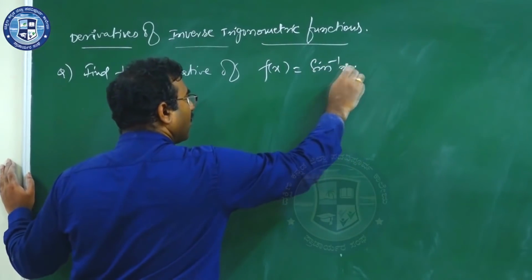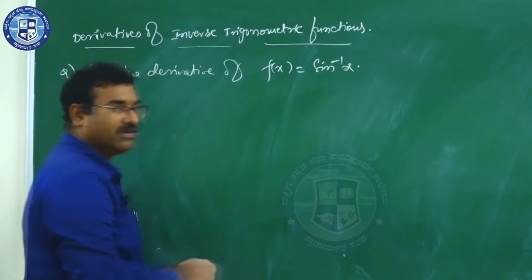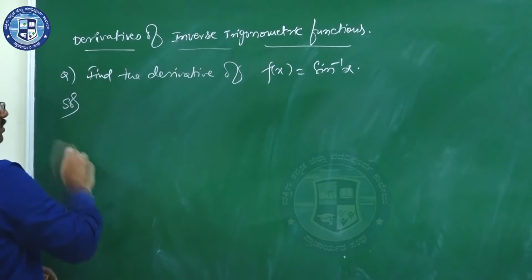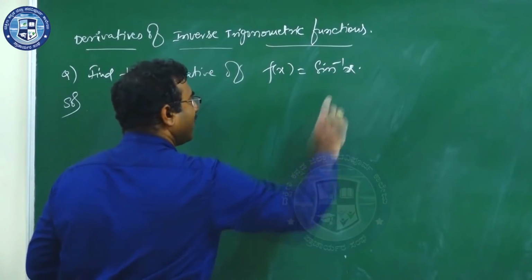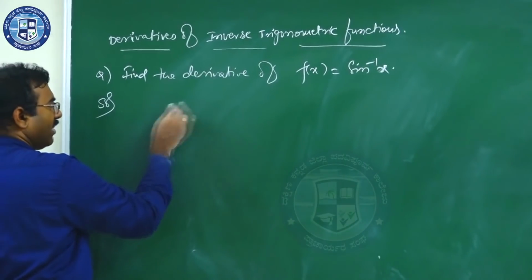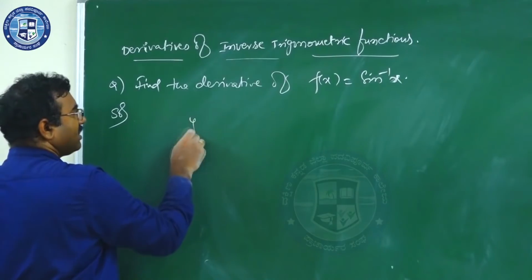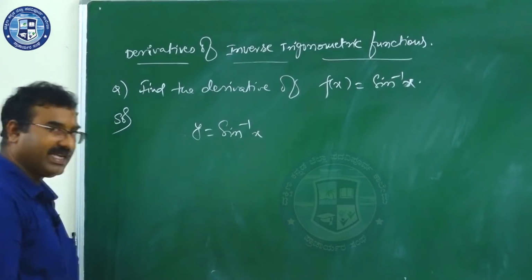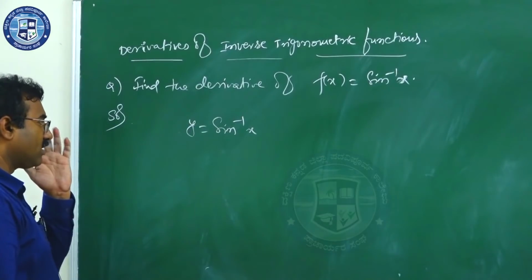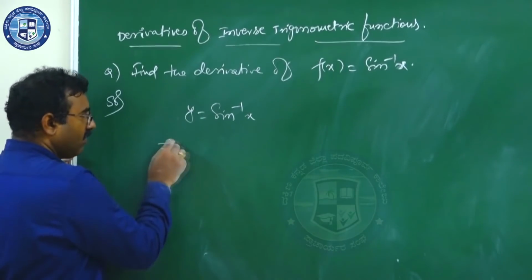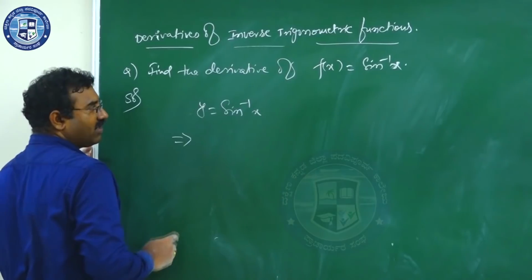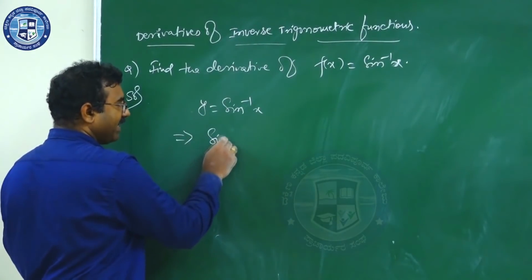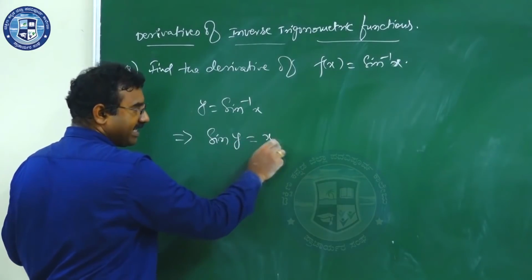The derivative of sine inverse x, we need to find it out. We take this sine inverse x as something, y. Y is equal to sine inverse x. Then by inverse function properties, what we can write is sine y is equal to x.